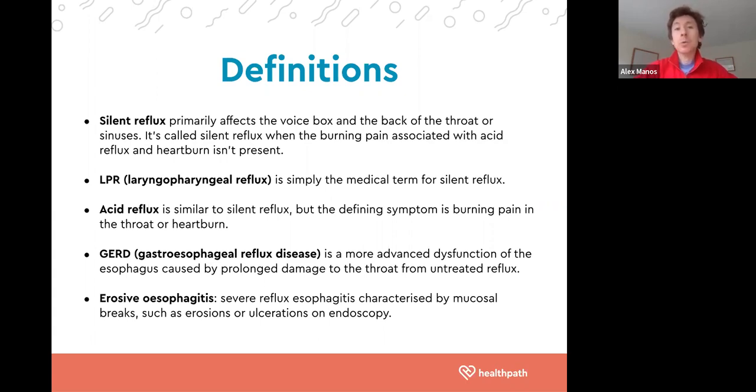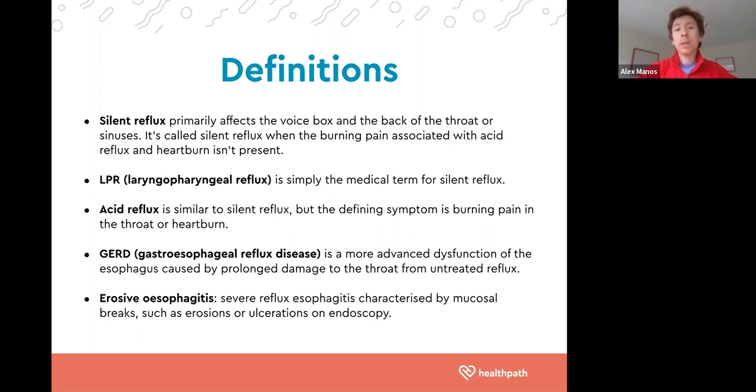It's called silent because the burning pain associated with the acid reflux and the heartburn isn't present. So someone might not know for some time that they're experiencing reflux because they don't have the classic symptoms. They may end up with symptoms around things like sinusitis, or they might have a hoarse voice at times, for example.